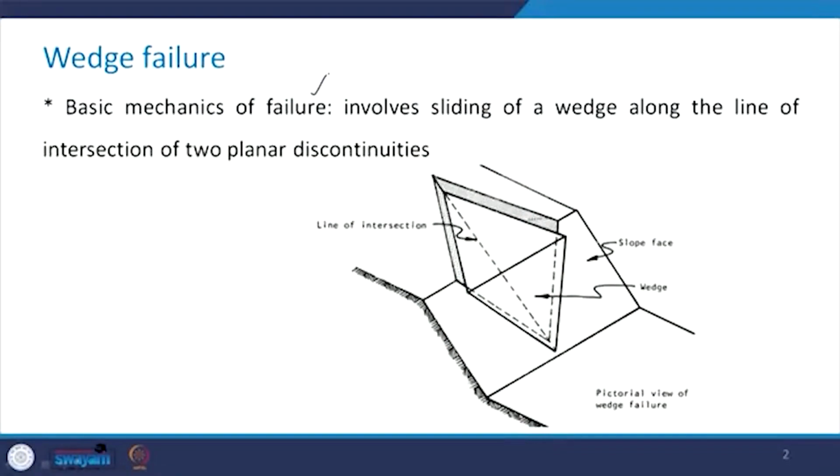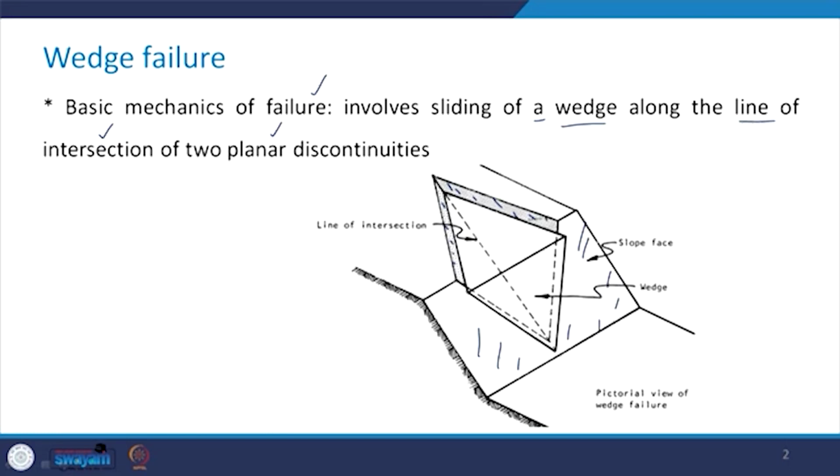So, the basic mechanics of failure in the case of wedge type of failure involves the sliding of a wedge along the line of intersection of two planar discontinuities. Take a look at this figure. This portion is the slope face, and this shaded portion which you can see are the two planes of discontinuity.